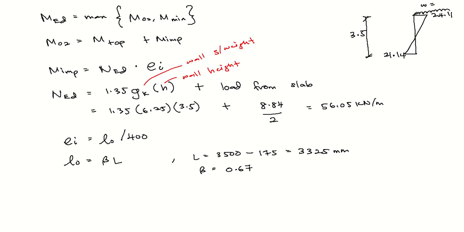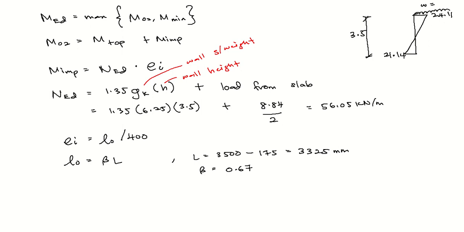To get beta, I hope you still remember, we are using condition A, B, or C. Condition A is if the ratio of the slab and the wall is at least 50%. Condition B if it is 100% similar, or condition C if it is at least 75%.